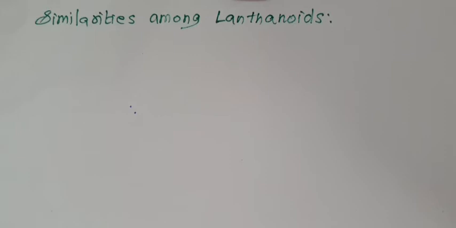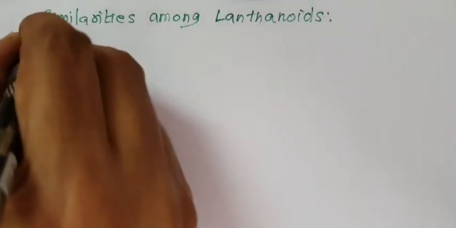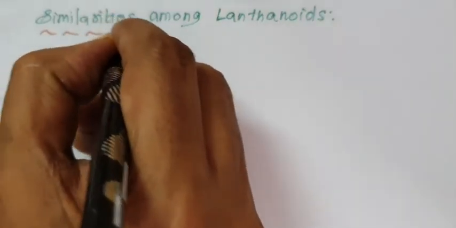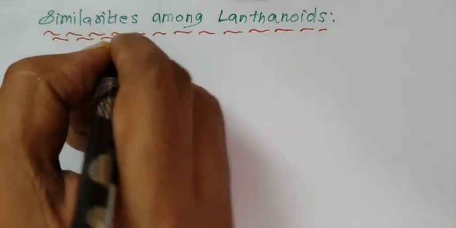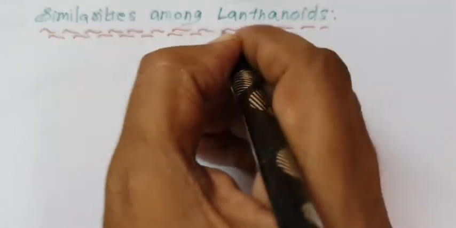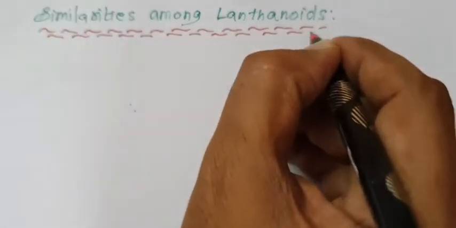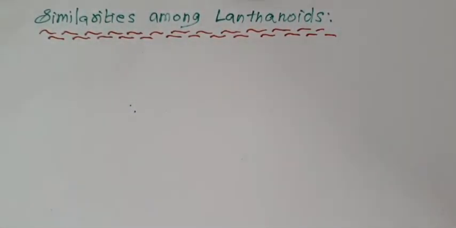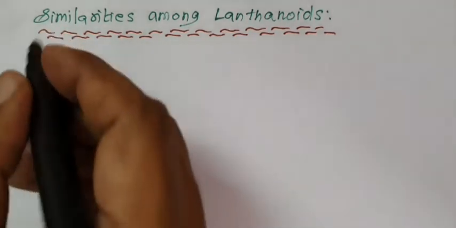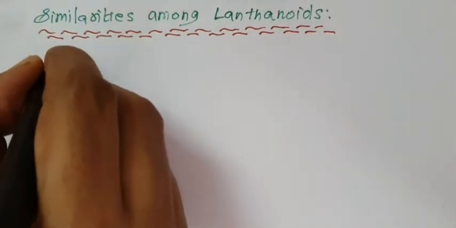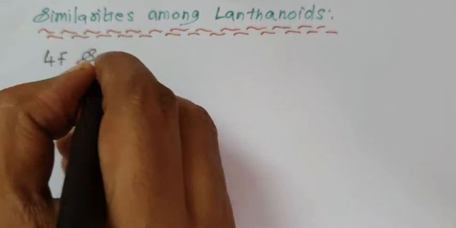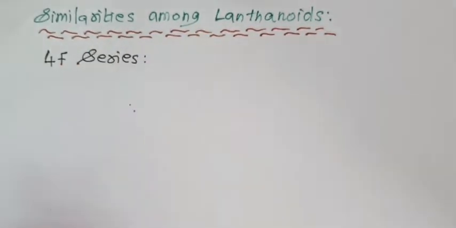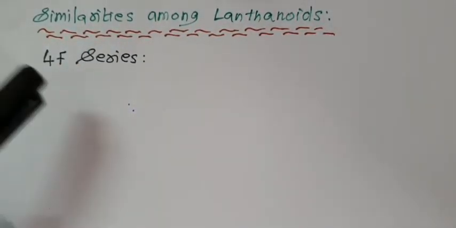Now, in the complete 4f series, then we will discuss the actinide contraction. In that, I will tell the 5f series. This is your 4f series. Why are this series of elements called the 4f series? Because 4f electrons are filled up.